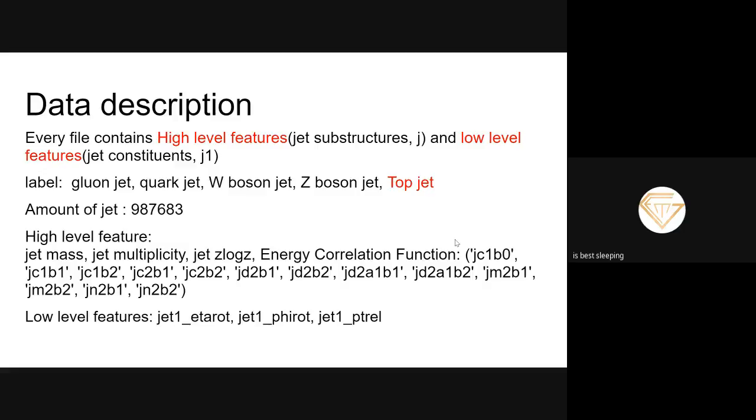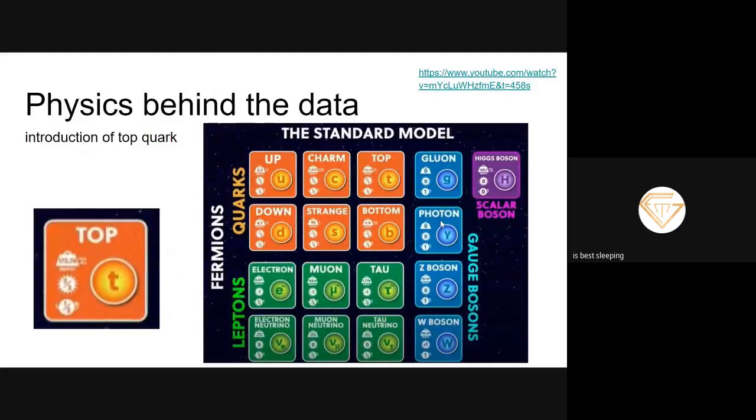And there are low level features, but mainly we think we use the high level features to train the DNN model.